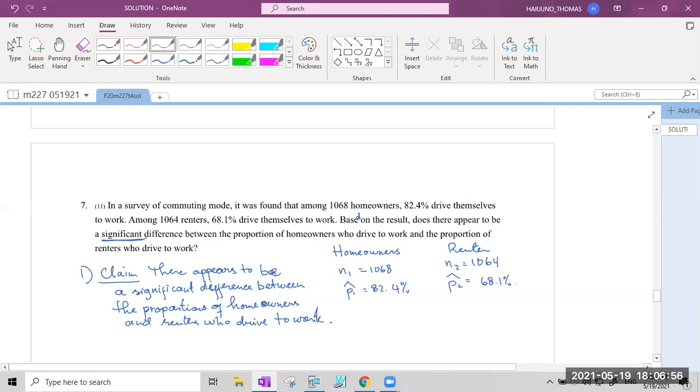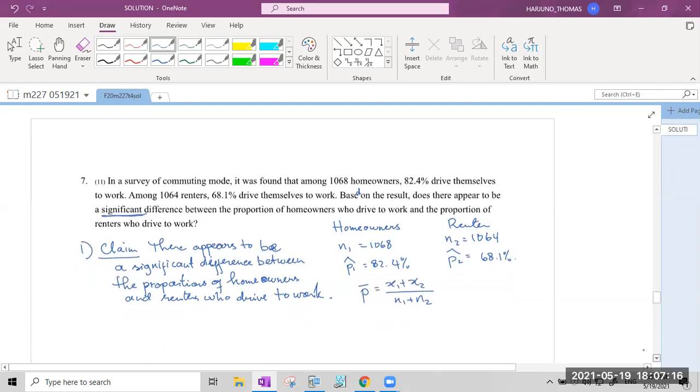Okay, now let's go back to the setup first. We need to find the p-bar. But to find the p-bar, we need x1 plus x2 over n1 plus n2. We have n1 and n2, but we don't have x1 and x2. How to find those?